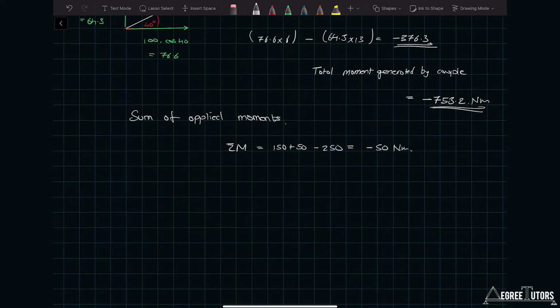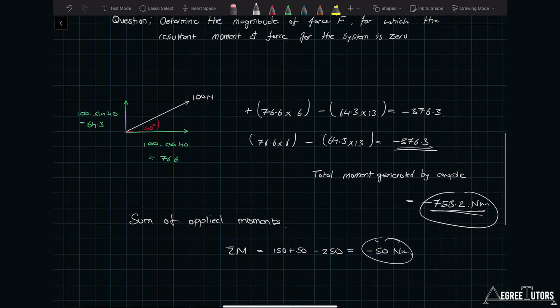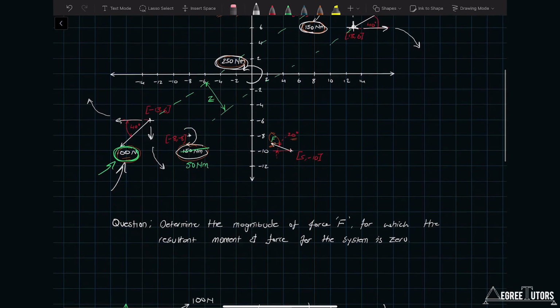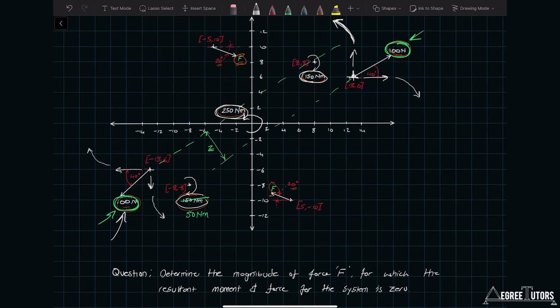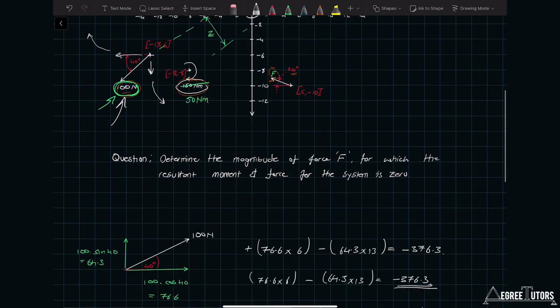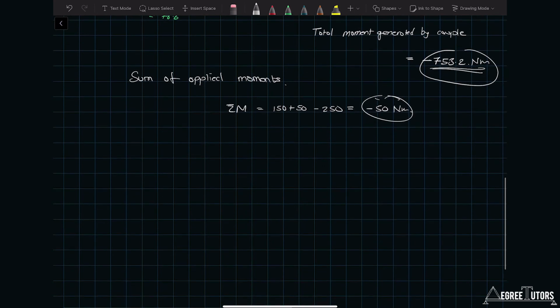So what have I got? I've got a negative 50 as the sum of all of the directly applied moments. The other couple in the system has an influence of minus 753, and we're trying to balance that with the couple generated by the two forces F and F here. So in other words, the total moment to be generated by my couple is going to be the opposite of this plus this.